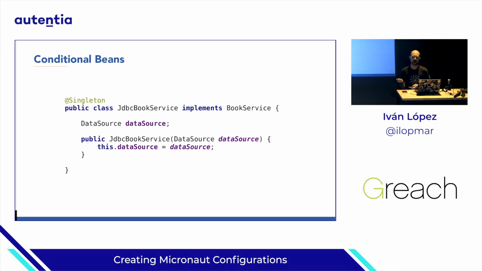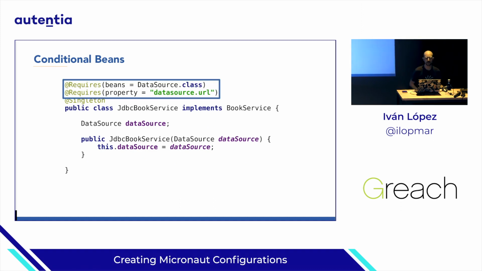And sometimes what happens is that we want to create conditional beans. These are beans that are only going to be created when some condition is true. In this example, we have this JdbcBookService, and it needs a data source. In order to create this bean, we can annotate the class with @Requires, and it's a repeatable annotation, so you can put any number of conditions.